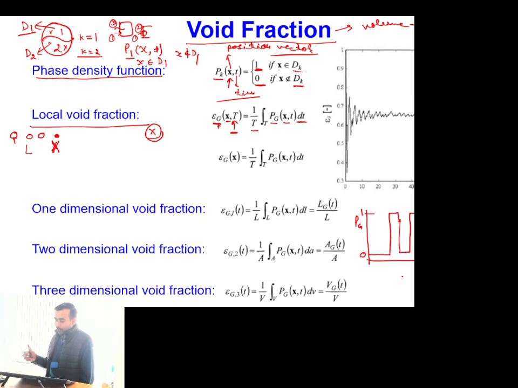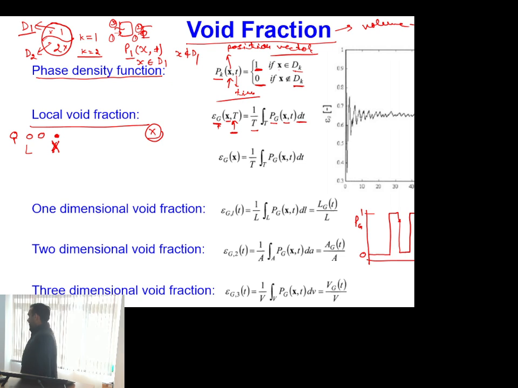Okay, now if I consider that this number of cycles I have plotted over a large amount of time, capital T, such that it is, so capital T is what? It is the large time period, such that this large time period is able to account for the number of fluctuations which are taking place in the phase density function.